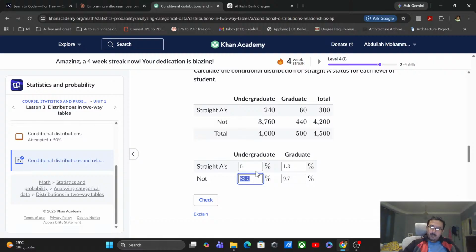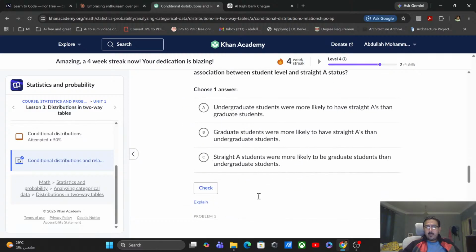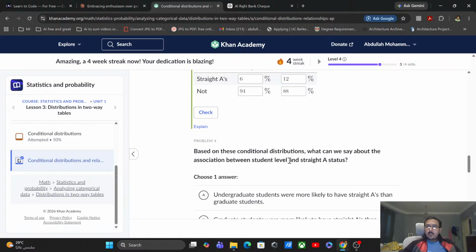This is 94. And here we got 60 out of 500. That's 12%, which means this is 38. Check. Based on these conditional distributions, what can you say about the association between student level and straight A's?